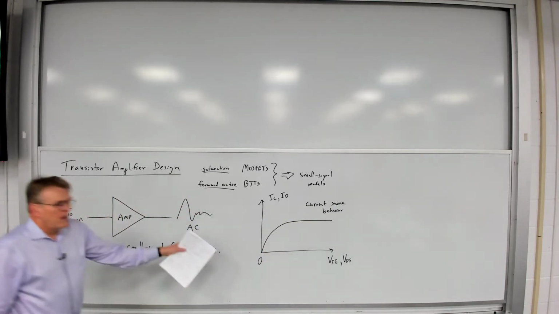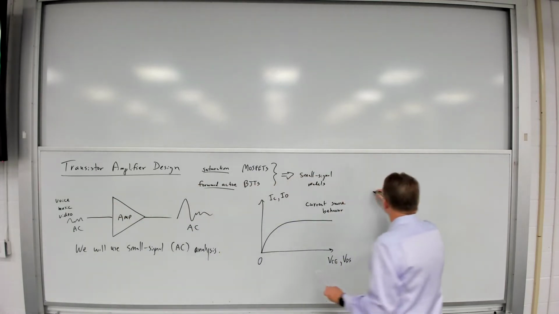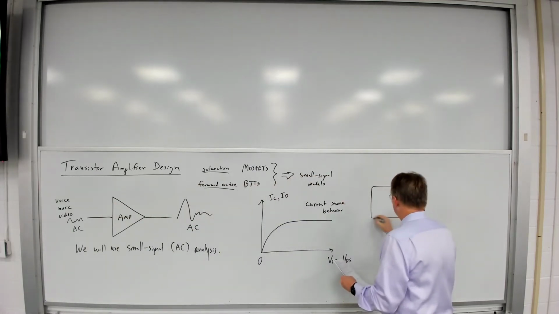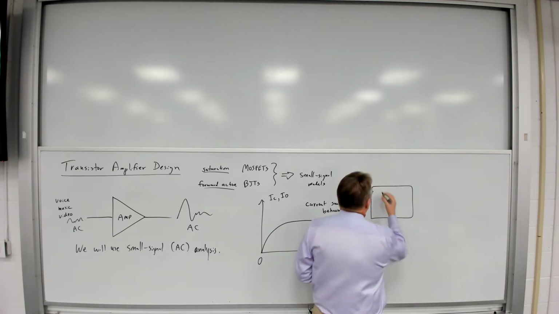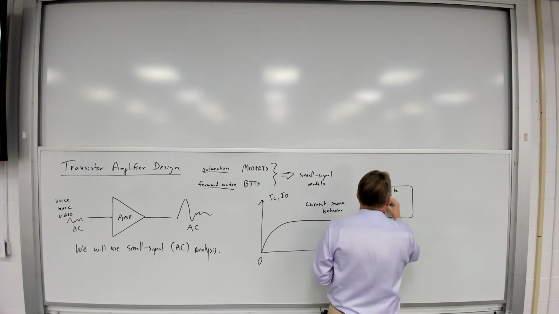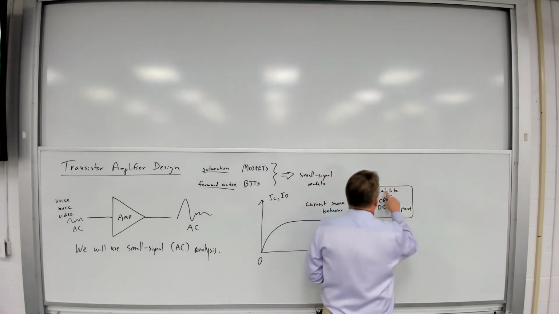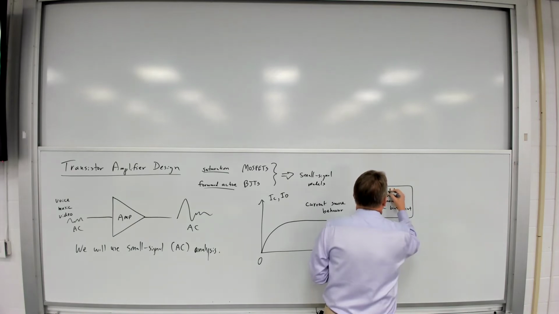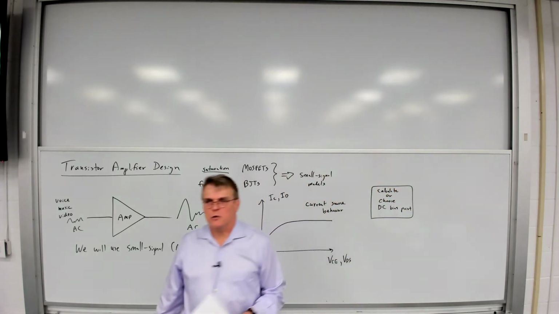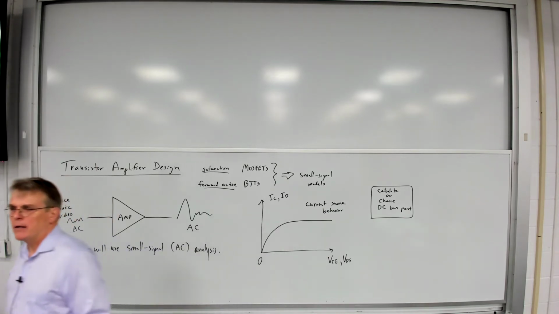All right, so what's our analysis technique going to be? Well, we've already talked about this before. We're going to either calculate or choose a DC bias point. So I'm going to give you a transistor circuit, or you're going to design a transistor circuit, and you have to figure out what are the DC operating conditions for that circuit.